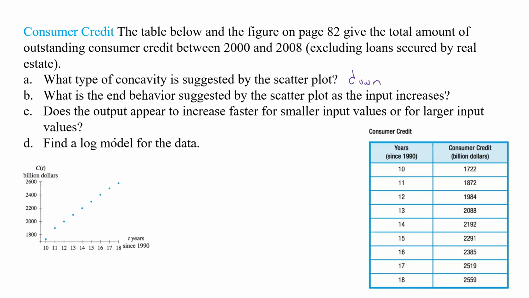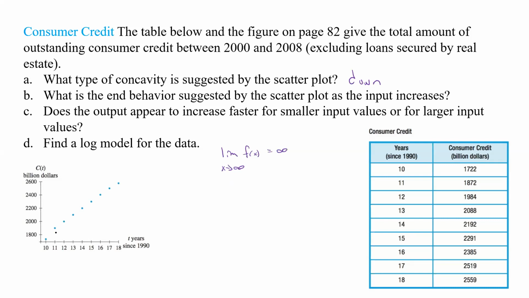Now, what does the end behavior suggest by the scatter plot as the input increases? Well, it looks like as we keep going higher and higher, this keeps going up and up. So what the end behavior suggests on this one is, let's call this limit, and we don't know what the function is, so we'll call it f of x, as x goes to infinity is equal to infinity.